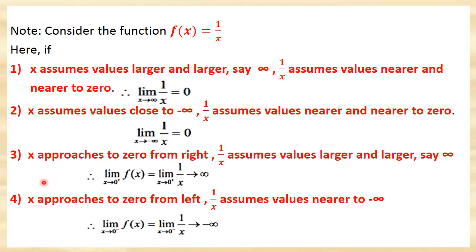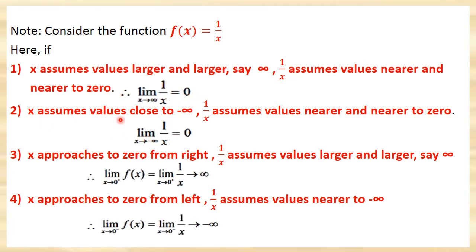Now let's see the limit of the function f(x) = 1/x when x tends to infinity and 0. First, x assumes larger and larger values, towards the right, that is x tends to infinity. Then 1/x assumes values nearer and nearer to 0, therefore we write lim x→∞ 1/x = 0.